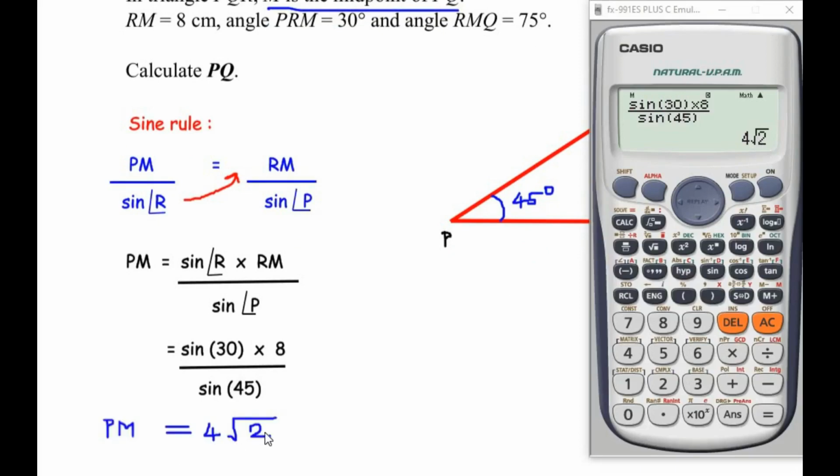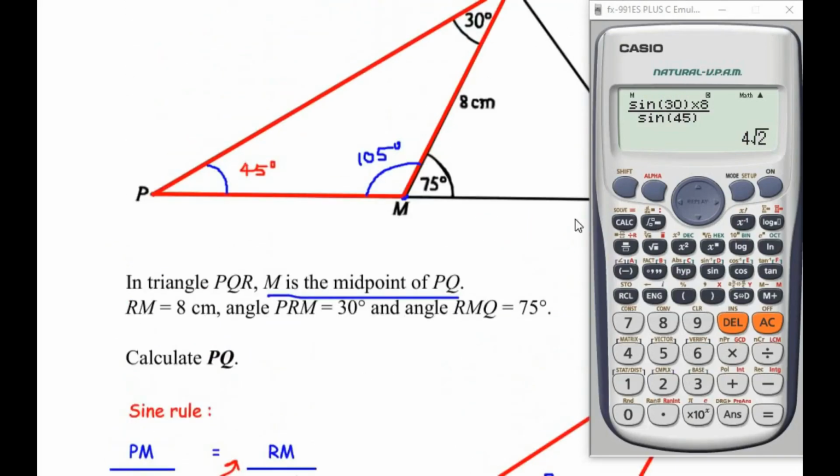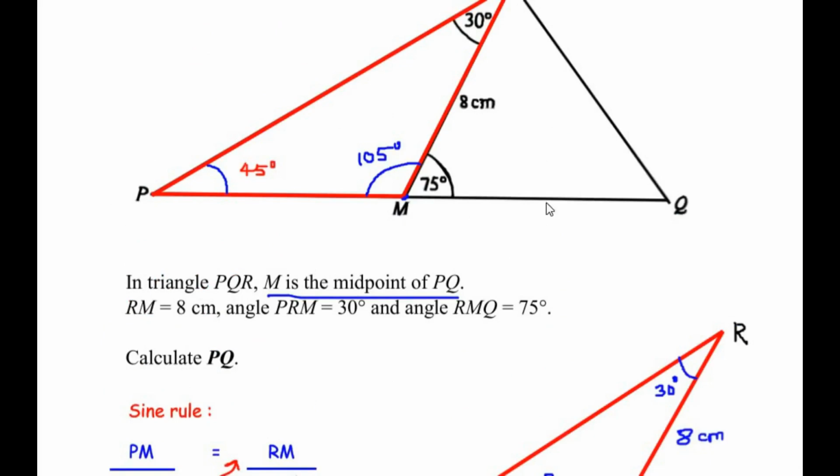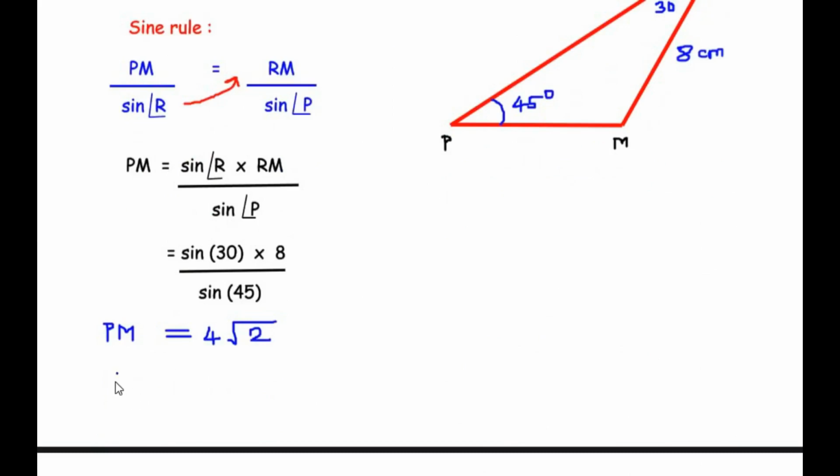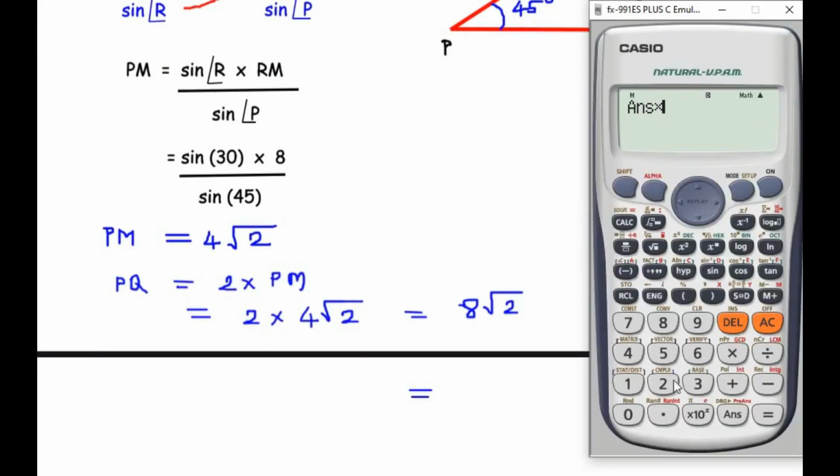So PM is 4 root 2, but we are trying to find here PQ. So double of PM is going to give us PQ. So here we are going to multiply it by 2. PQ is equal to 2 times PM, so this is going to be 2 times 4 root 2, which gives us 8 root 2, and in decimals it is 11.3137.